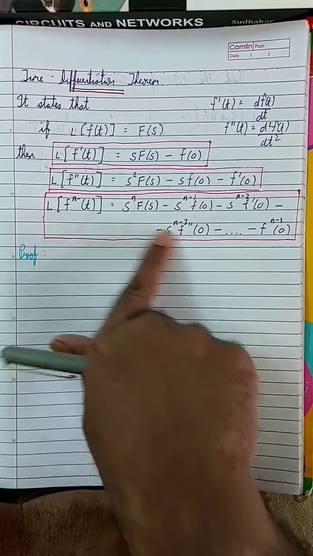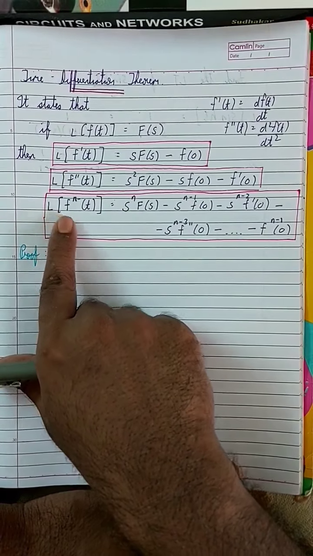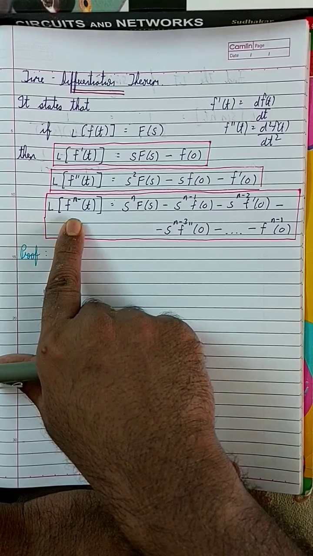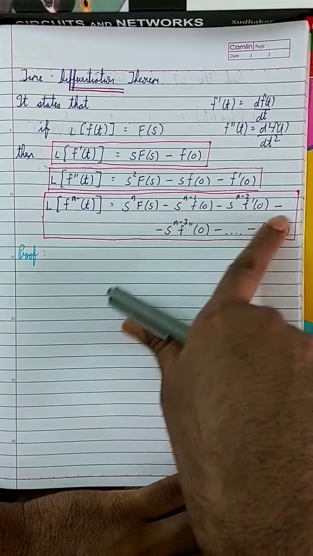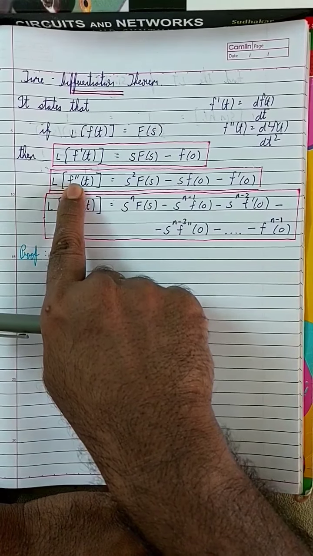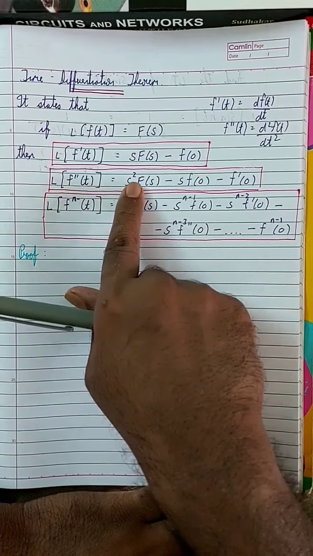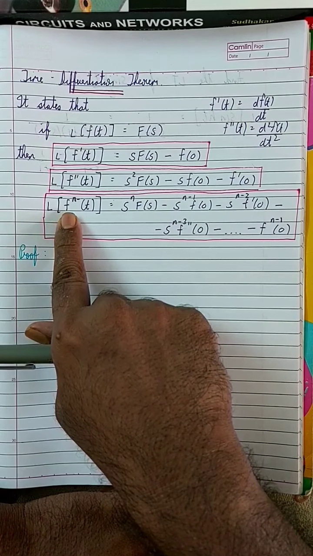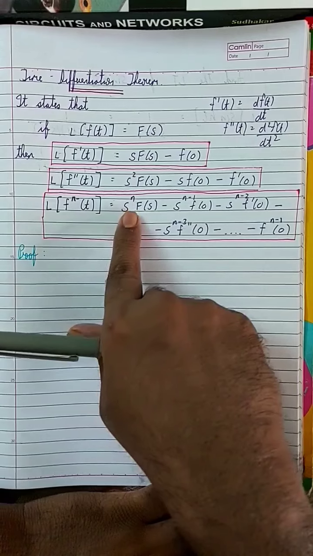Here the main equation is the Laplace transform of the nth order derivative of f of t, that is, if it is differentiated n times. Look how the equation is written. The first term will be s raised to n. If it is d square by dt square, it will be s square. If it is d by dt, it will be s. Likewise, if it is d raised to n by dt raised to n, it will be s raised to n.